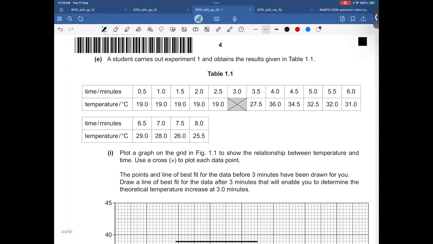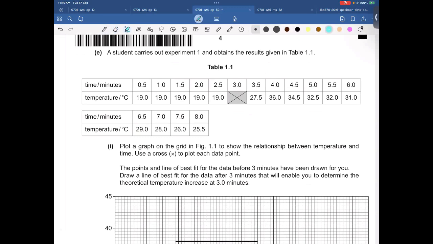Part E. A student carries out experiment 1 and obtains the results given in table 1.1. Plot a graph on the grid in figure 1.1 to show the relationship between temperature and time. Use a cross X to plot each data point. So we have a relationship between temperature and time.